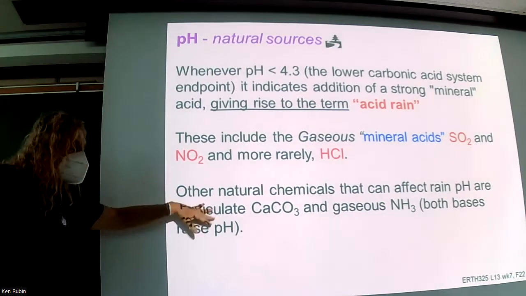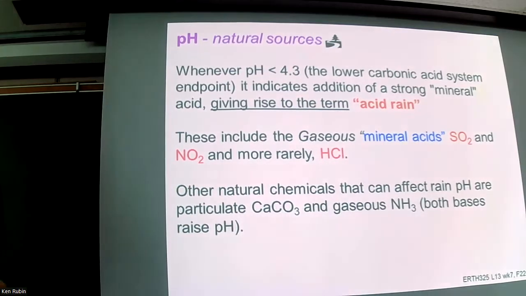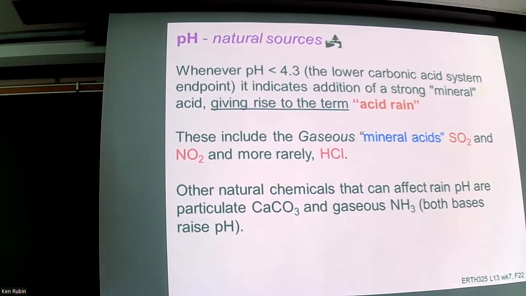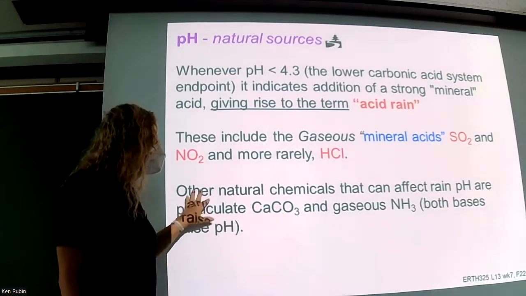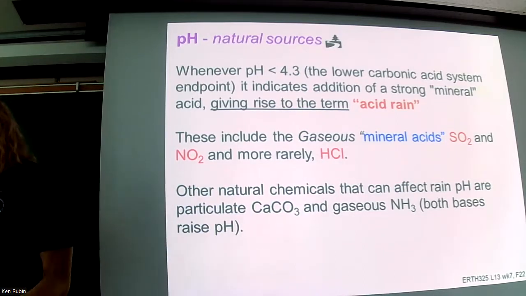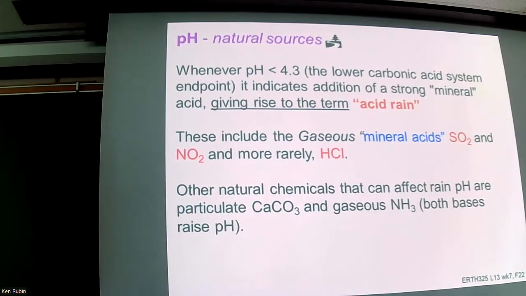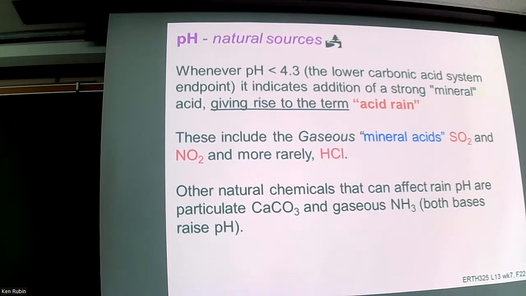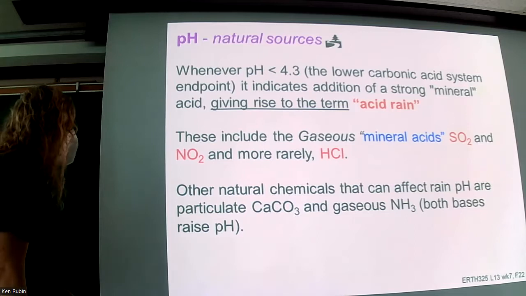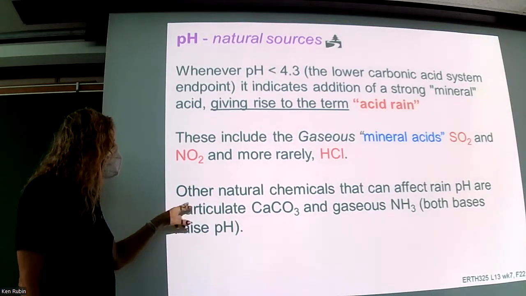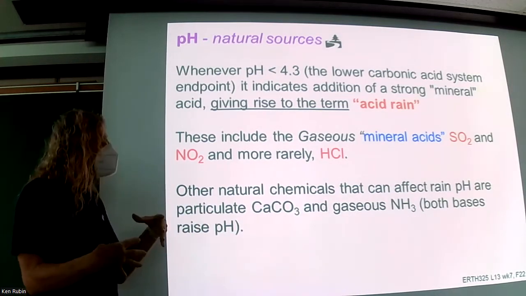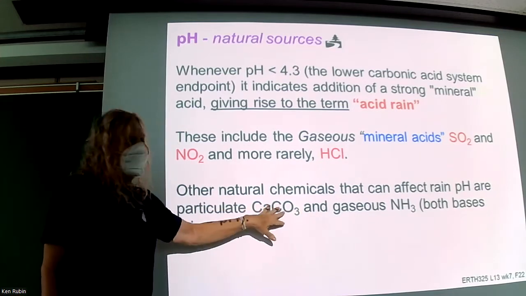We also have particles in the atmosphere that are bases, right? Calcium carbonate, gaseous ammonia, and to a lesser extent, particles of silicate minerals. They are basic, but they don't dissolve very quickly, and so they rarely contribute much impact to the pH of rain. But you can imagine cases where human activities also enhance these things.